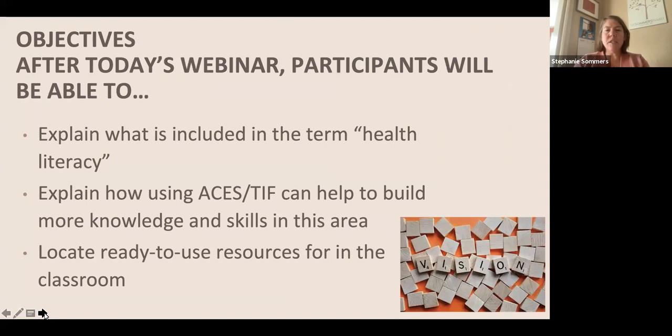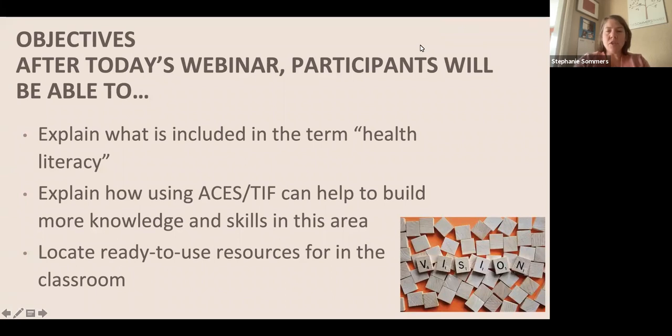In our session today, we just have a couple of objectives. One is to make sure we all understand what is meant when we talk about health literacy. We also want to explain how using ACES TIF can help to build more knowledge and skills in this area. If you are new to ABE, first I want to say welcome.